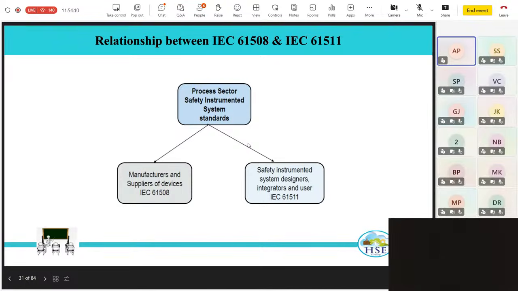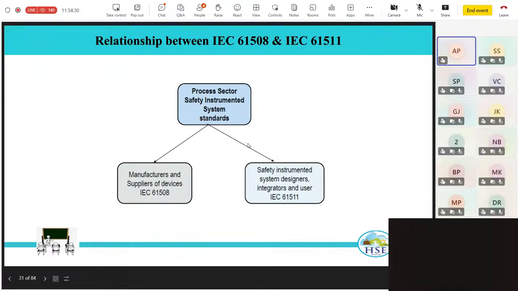He is focused on doing that work, but he needs this safety instrumented system to make things happen in his particular plant. But there are system integrators who will deliver this system to him, or the users or the consultants, they will be participating in this implementation of the functional safety system.